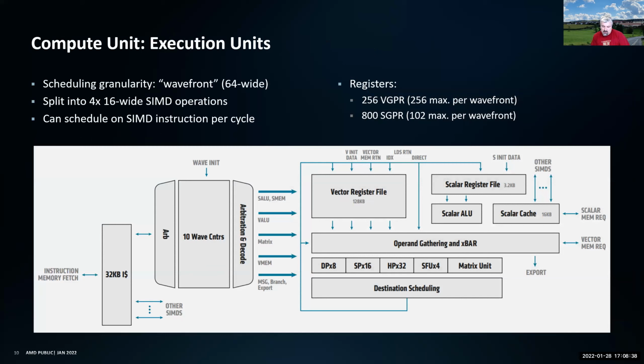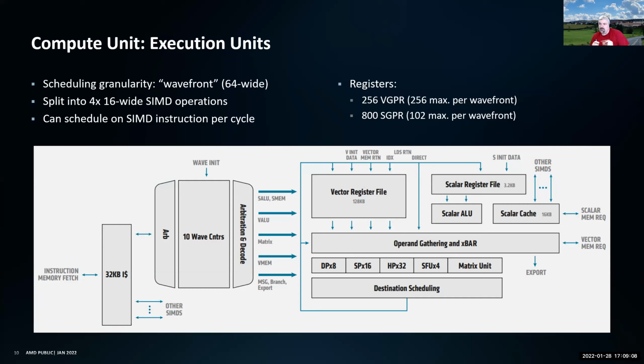But the way the GPU actually works is that it is a SIMD device, right? So the scheduling granularity, when you look at this from the outside in, in HIP or in OpenMP, is called a wavefront. That's a 64-wide entity of data elements or compute that you can hand over to one of those compute units.